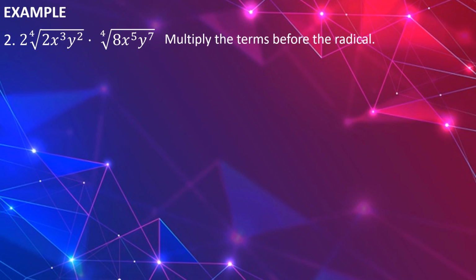For our second example of our first case, we have 2 fourth root of 2 x cubed y squared multiplied by the fourth root of 8 x raised to 5 y raised to 7. We multiply the terms before the radical. So we have 2 times 1, and the product is equal to 2.